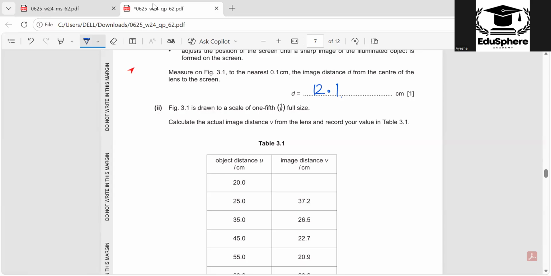So when the value of U is 20, at that point the value of D is 12.1. We change this 12.1 to the original value by multiplying it with 5, because this value is actually 1/5 of the original value. So this will become 60.5. Okay. Let's move on.